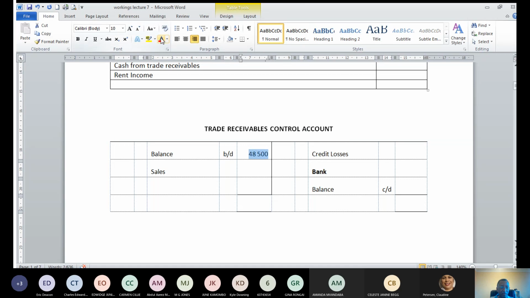The trade receivables will increase with the amount of the sales, coming from your statement of profit or loss and other comprehensive income, 945,500 rand. Your credit losses will decrease your trade receivables control account, and your credit losses for the year amounted to 1,800 rand.